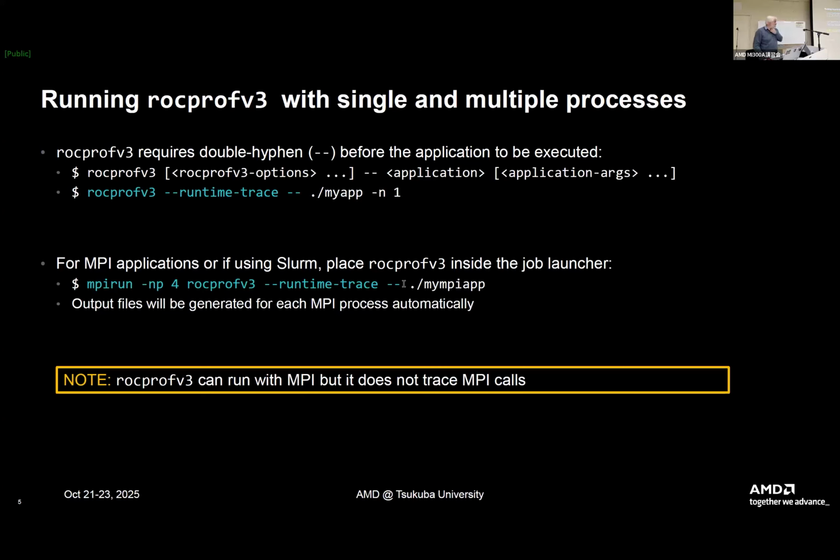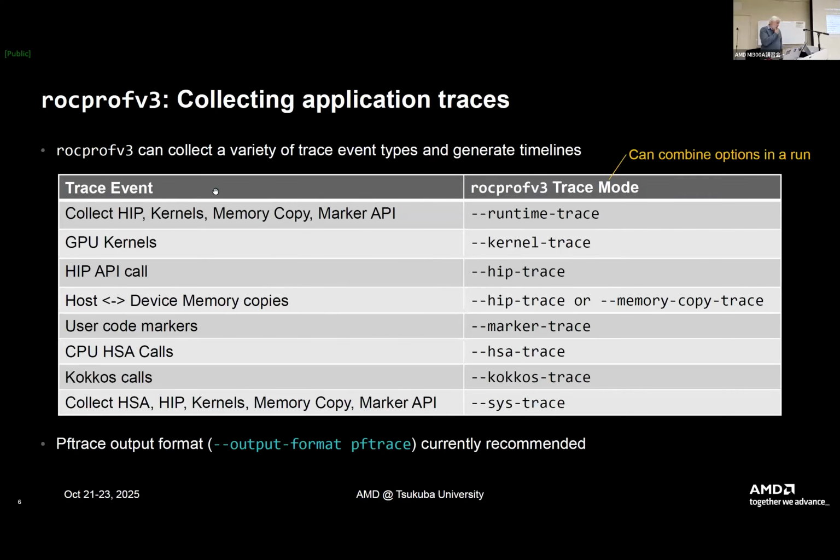We have a bunch of options on what information to collect. So here we're going to get a runtime trace. We can run it with mpirun, but it's not really giving you information about MPI. We use Rocprofv3 for that.